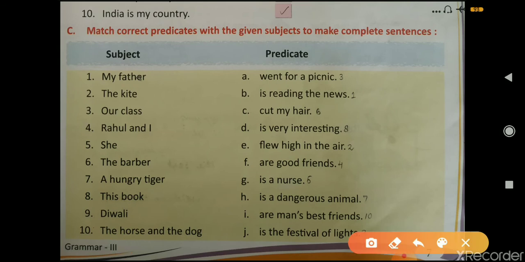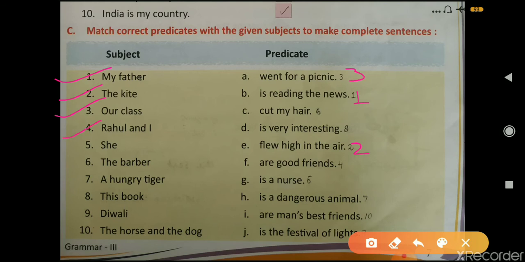Now see, match correct predicates with the given subjects to make complete sentences. First one is subject, my father. So the predicate part is reading the news. Okay, you have to match these subjects with the predicates given here. So first one is, my father is reading the news. So write here one. The kite flew high in the air. This is two. Then third, our class went for a picnic. This is three.